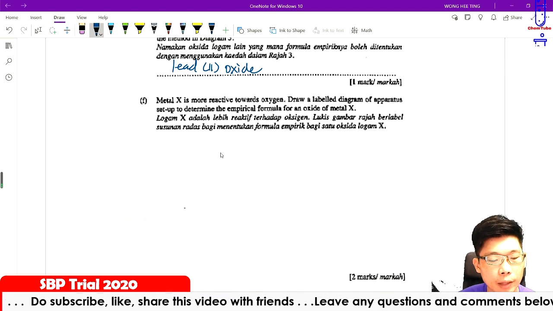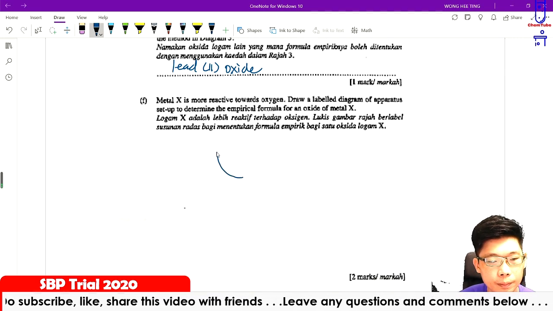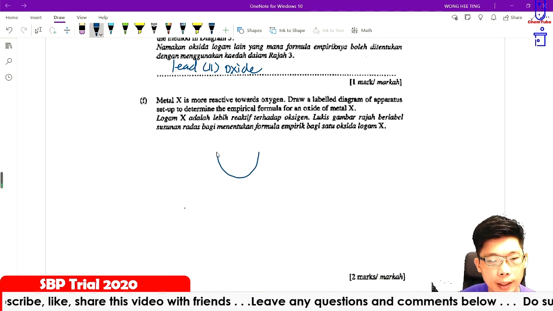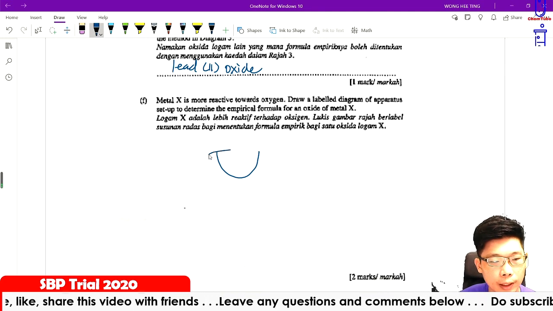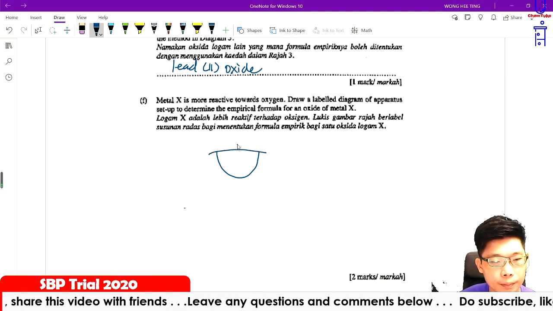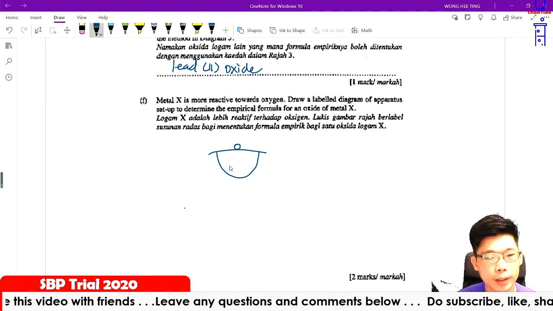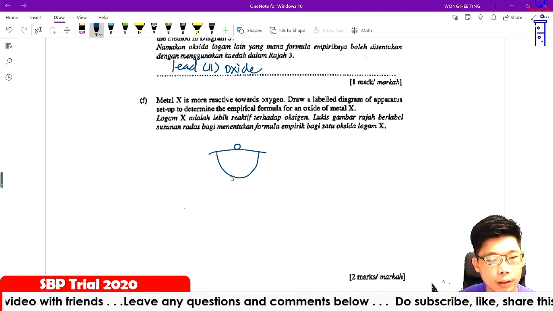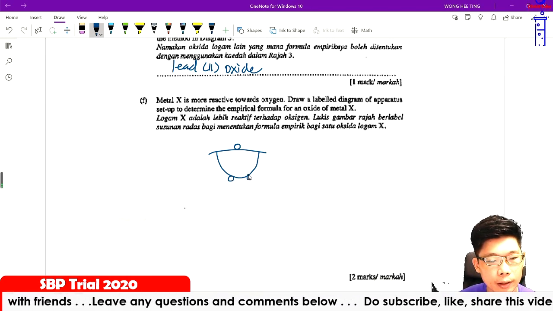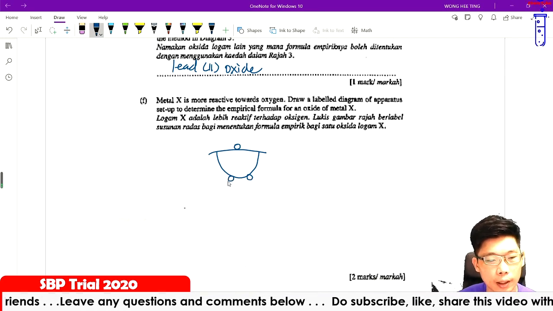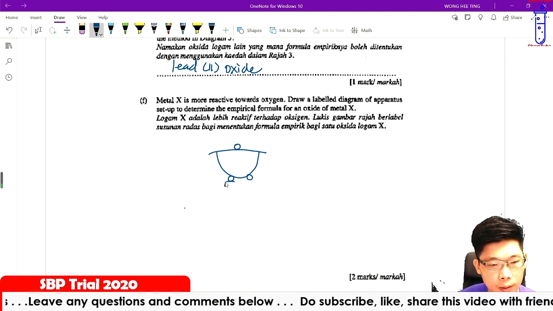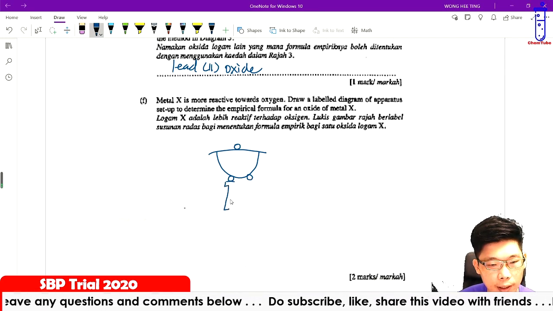We are using the crucible with the lead, and normally we will use the clay pipe triangle. Don't use the wire gauze. Use the retort stand.